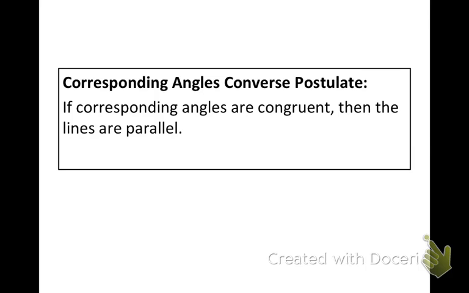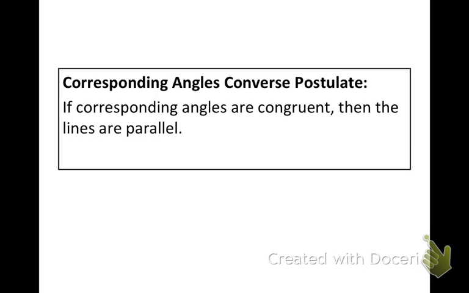So your corresponding angles converse postulate says, if corresponding angles are congruent, then the lines are parallel. So if corresponding angles are congruent, then we end up with parallel lines.